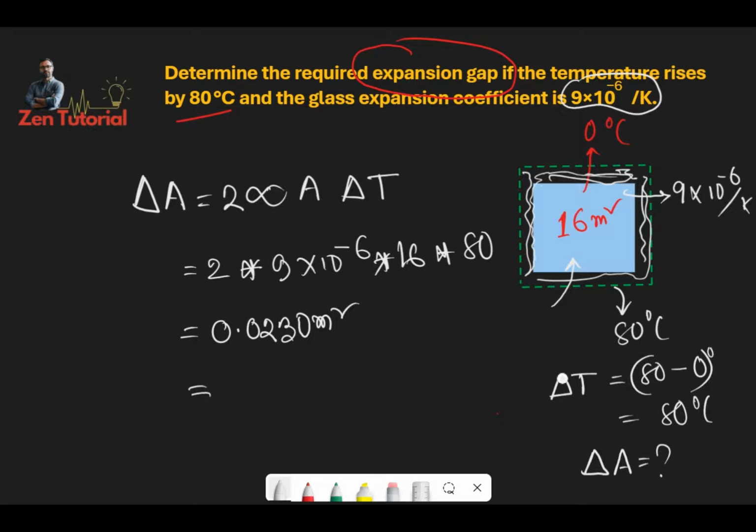If you convert into centimeter square, you could write down 230.4 centimeter square, so 2304 centimeter square.